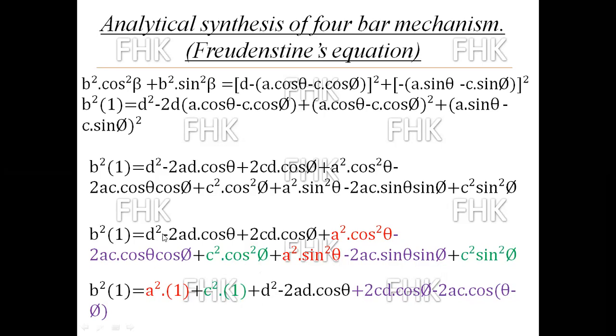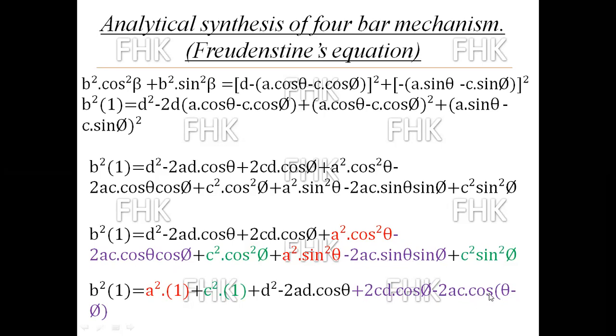Okay, minus 2ad cos theta plus 2cd cos phi, and from these two terms I will take minus 2ac common. So remaining will be cos theta cos phi plus sin theta sin phi. Okay, so what is cos a cos b plus sin a sin b?